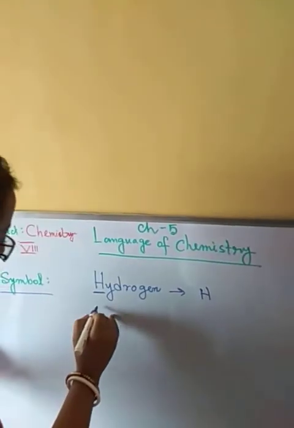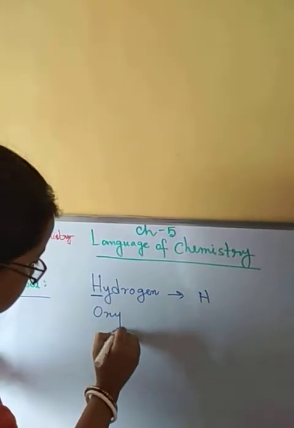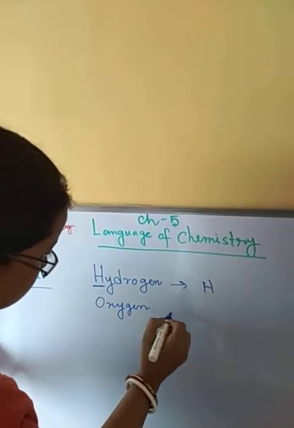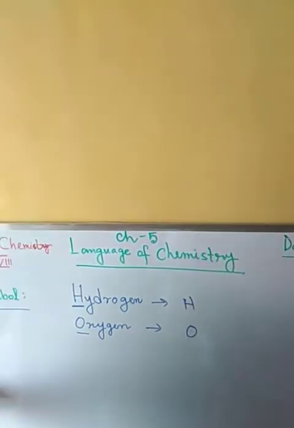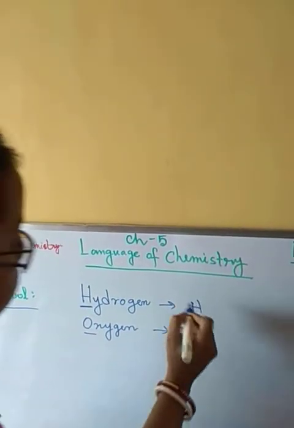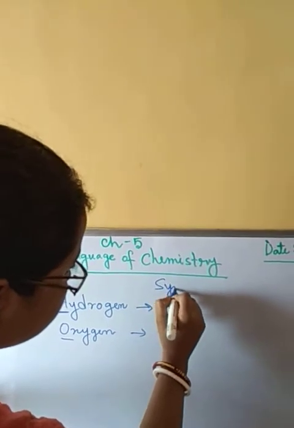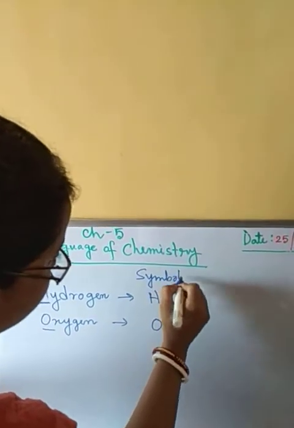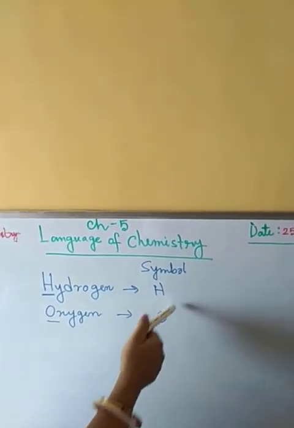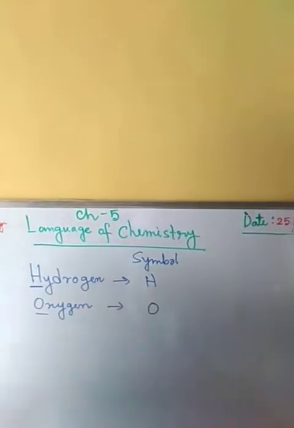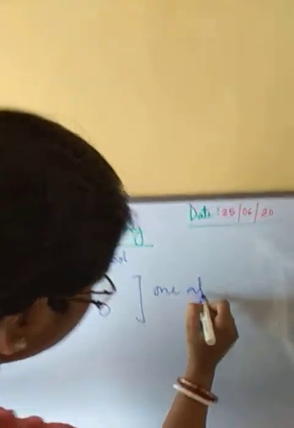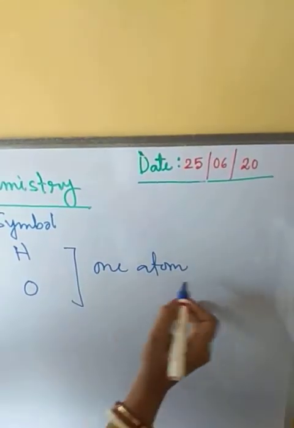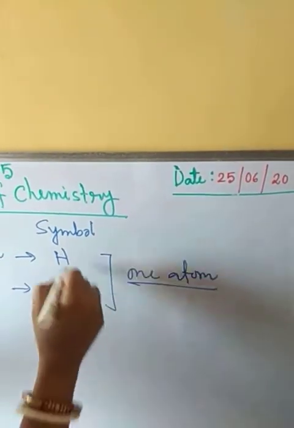For oxygen also, same thing, O is the symbol of oxygen. With the symbols of elements, we represent one atom of the element. These are one atom of each of the elements.